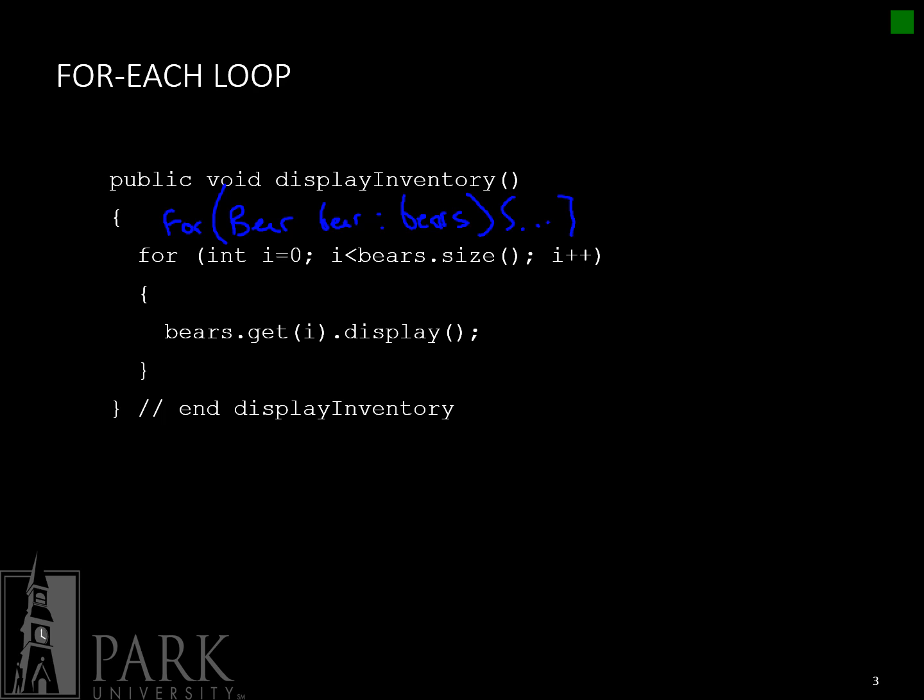That code is much cleaner and easier to read than this code right here. So this implementation is preferred over the other one. Now, unless you have a reason where you need the index, right? Because if you need the index right here, then obviously you can't do the for each loop. You've got to do the regular for loop.